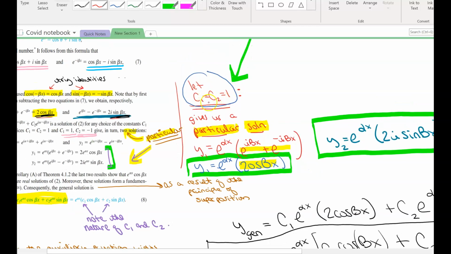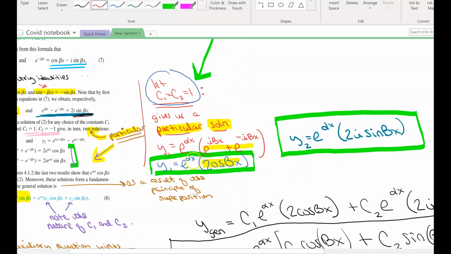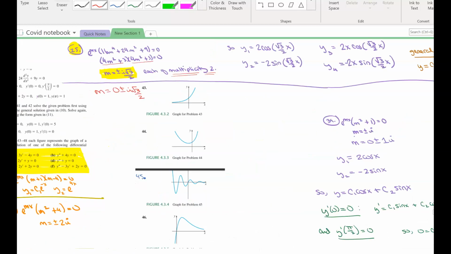And for these particular solutions, we just choose a savvy value of c1 and c2. So a particular solution will always be e to the ax times 2 cos beta x, and e to the ax times 2i sine beta x. Now, alpha here equals 0.